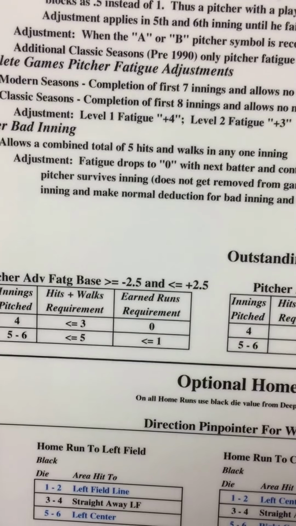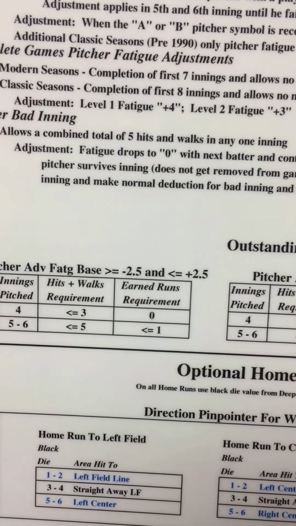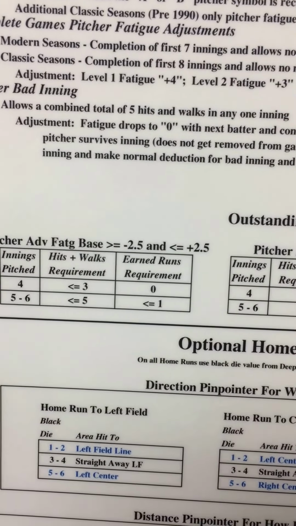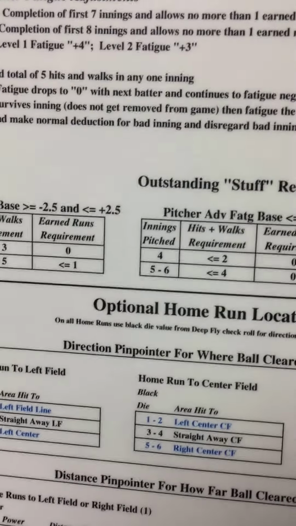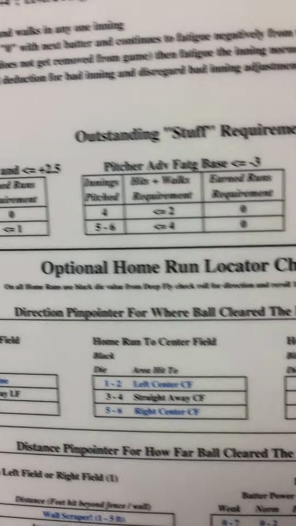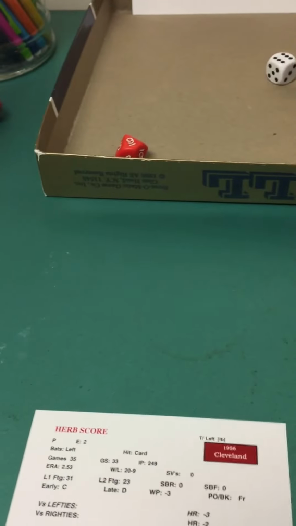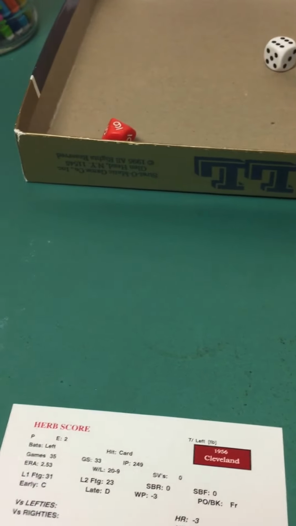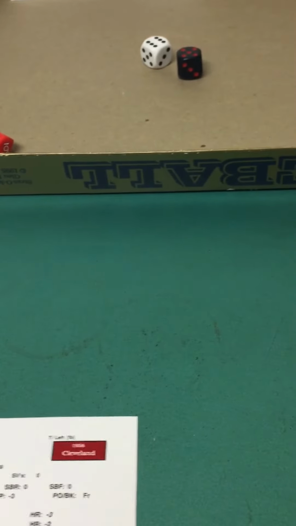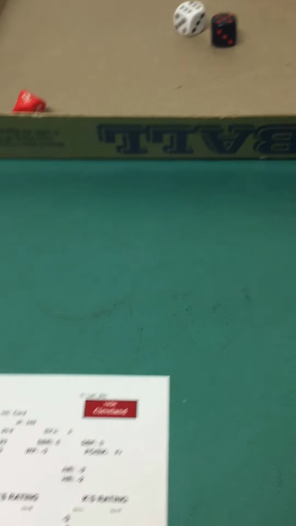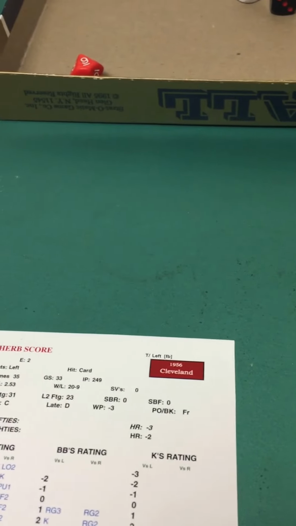So to get outstanding stuff, he needs to be at less than or equal to 3 hits plus walks with no earned runs. He hadn't given up any earned runs, and he's given up 1, 2, 3, 4 singles plus walks. So no good stuff yet. He might still get the outstanding stuff if he has a good inning next inning. But if he had outstanding stuff, any A, B checks would automatically turn into outs.